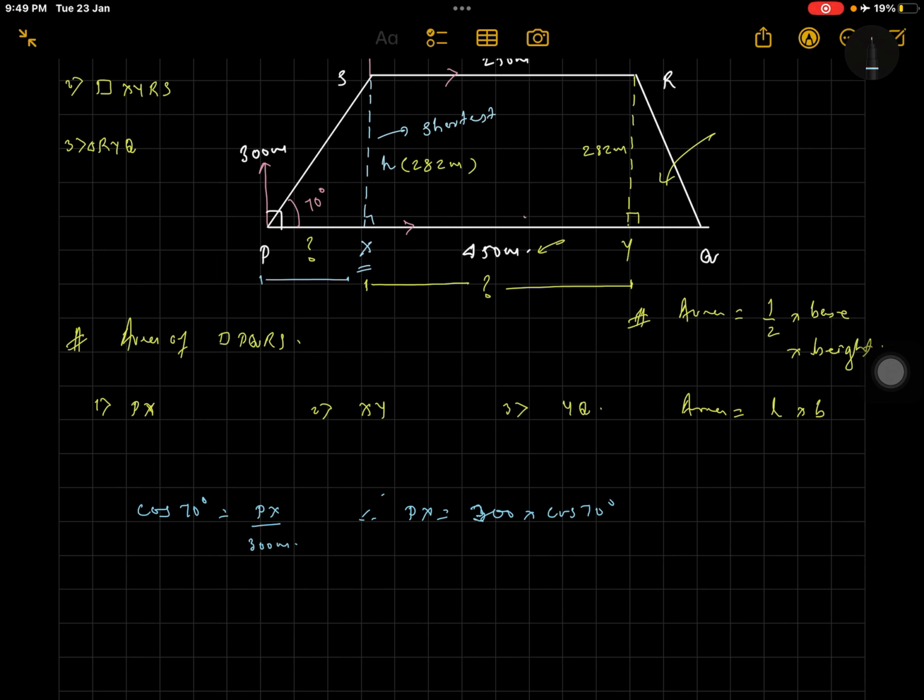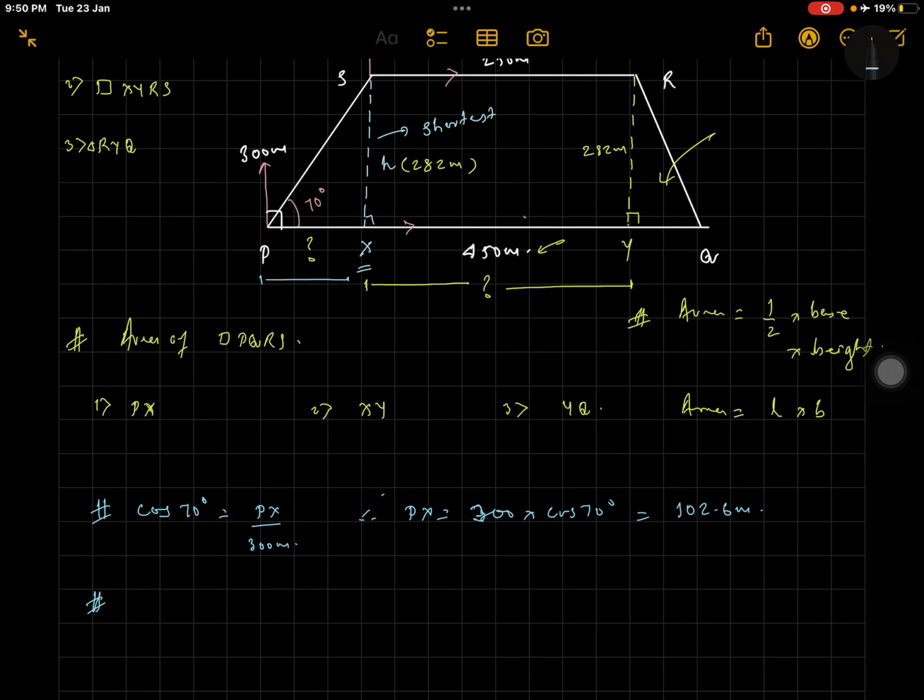So that's cos 70, that's 102.6, equal to 102.6 meters. Having this knowledge, I can find the area pretty easily. That's the first of the problems that I just resolved. Okay, we'll look into the area a little later.